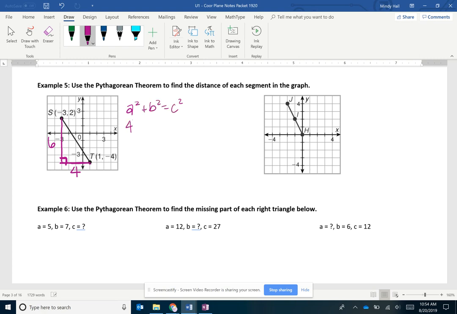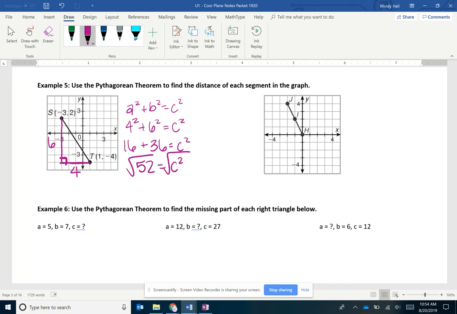My legs are 4 and 6, so 4 squared plus 6 squared equals c squared. 4 squared is 16, 6 squared is 36, and 16 plus 36 is 52. And then we take the square root of both. Now, this is where it gets kind of tricky.